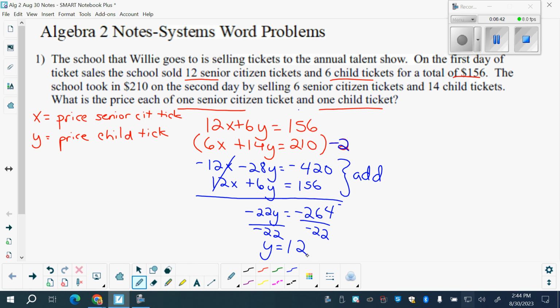And I'm going to go to the original one. I'm not going to go to the one that I multiplied by something. You could use the one you multiplied by something, but those are bigger numbers.